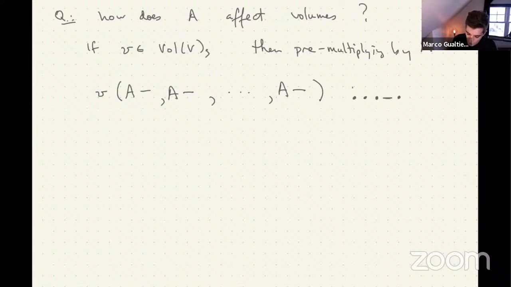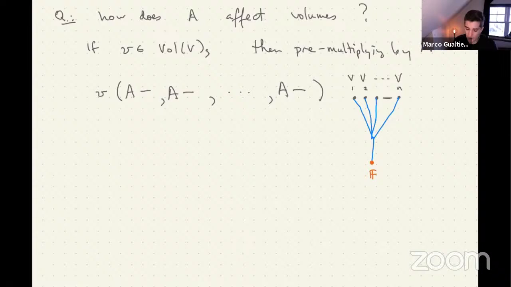We have n inputs, and imagine that we have a machine that takes the n inputs and outputs something in the field, and it goes this way.